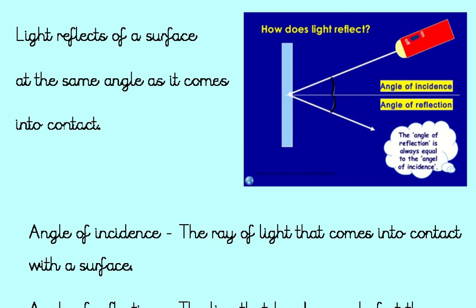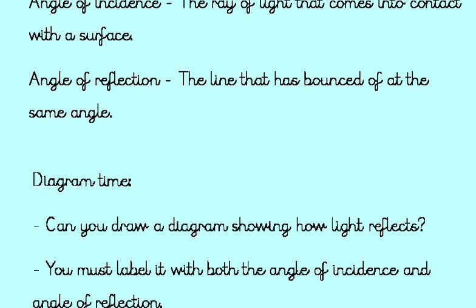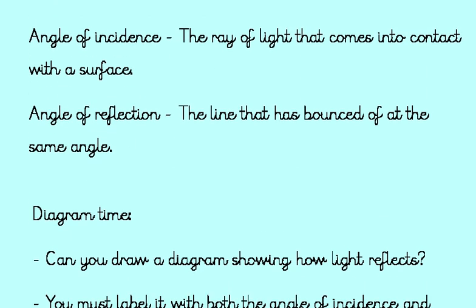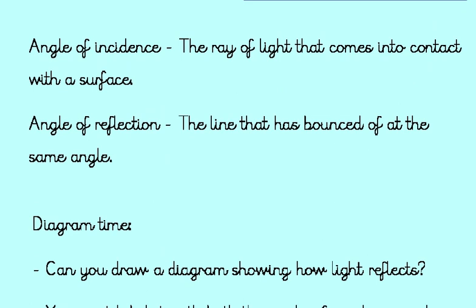So I want you to create the same diagram in your book. I want you to draw a diagram showing me the angle of incidence, the angle of reflection, and how reflection in light works. When things do reflect off lights, that's how we see, because light reflects off those objects, and often after that reflection, it goes into our eyes, and we learn then how the eyes process those images and send them to our brain.